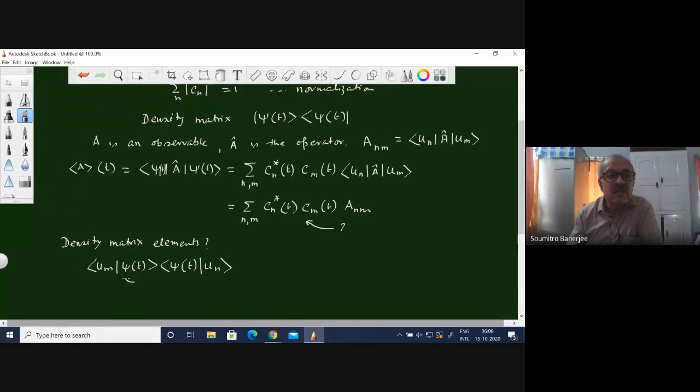So here is our operator setting, u_m and u_n sandwiching it. This gives the matrix element. Clear, this is something that we have learned long back, so we are comfortable with it.